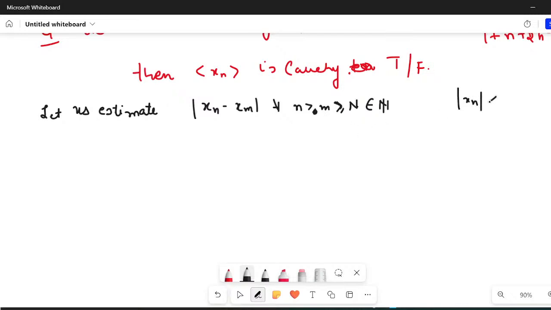Modulus of xn is less than or equal to (1 plus n) divided by (1 plus n plus 2n square). So I can simplify this, isn't it? How can I simplify this? Because if I cannot simplify this, then there would be a problem. Therefore, I'm saying try to simplify it. Otherwise, you'll not be able to do this question.